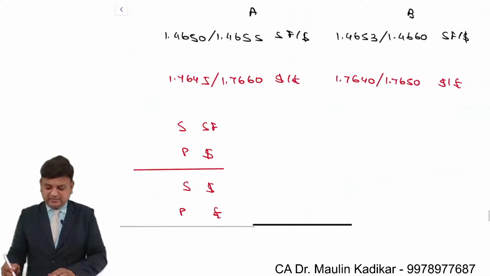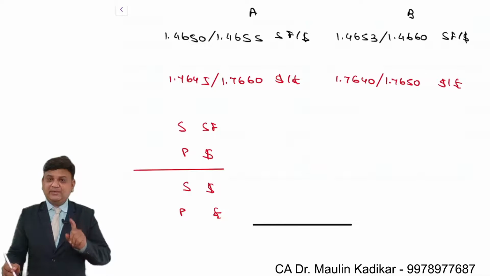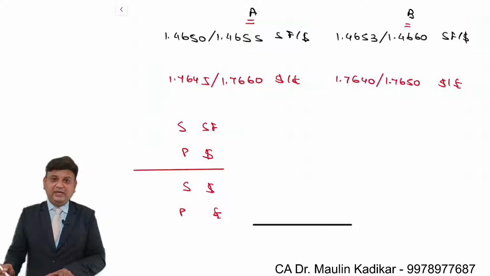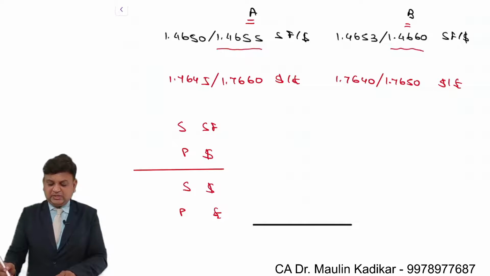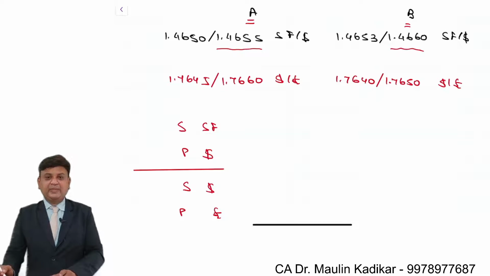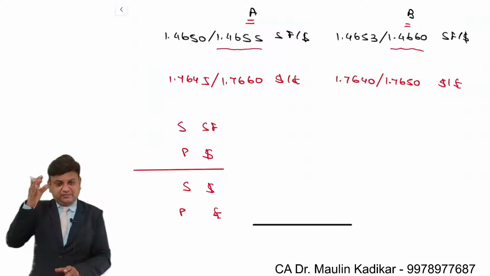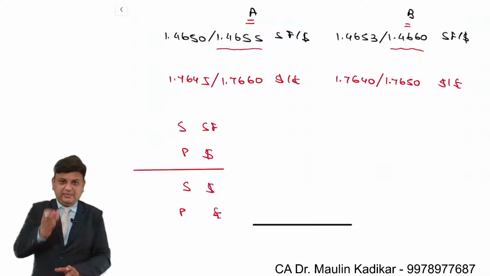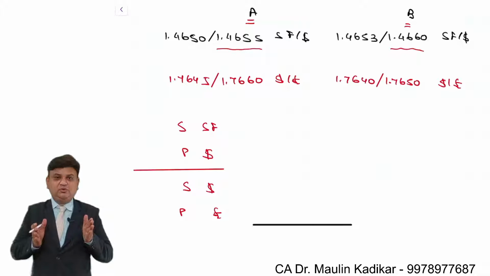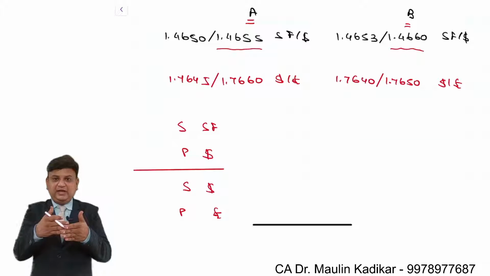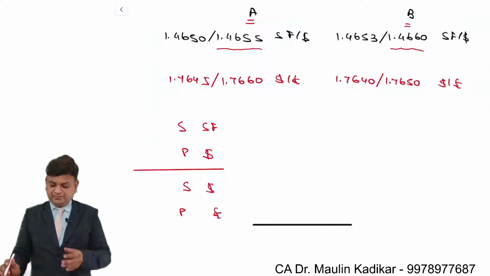Sale of Swiss franc and purchase of dollar. You can purchase dollar either from Bank A or from Bank B. If you want to purchase dollar, then you have to pay this amount of Swiss franc or this amount of Swiss franc. The question does not provide any condition that you have to do the transaction with only Bank A or only Bank B. We can have a combination also.